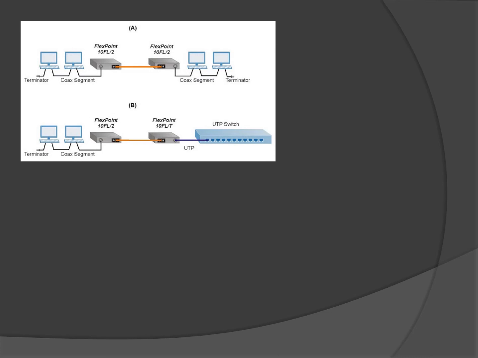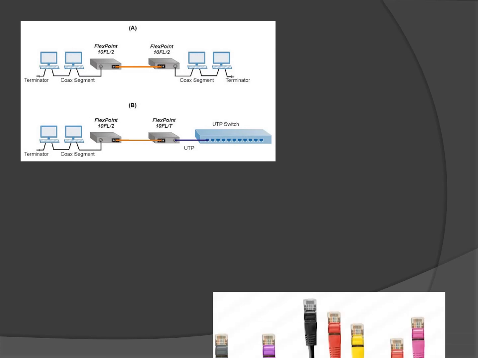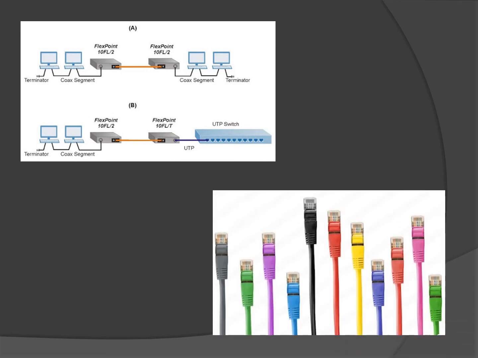So this is the diagram of 10-base-FL, and these are the different cables that are used for Ethernet connection. Most of the cabling you can see inside the RJ connector, there will be twisted pair cable of different colors in order to achieve connection. So by this we complete the concept of the first network architecture, that is Ethernet. So we have learned about Ethernet and its types.